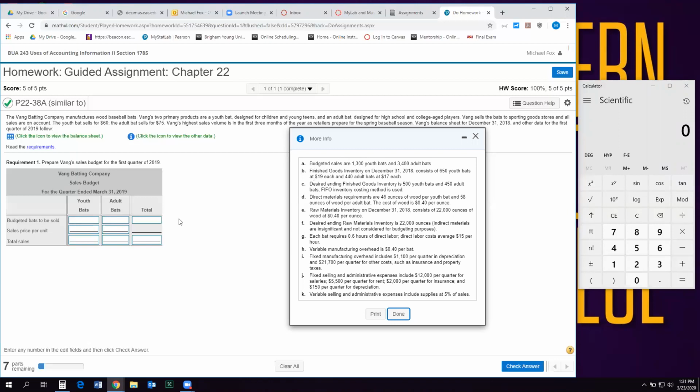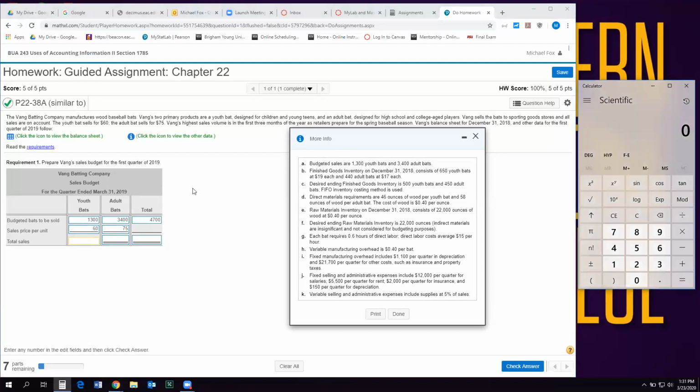So we think we're going to sell 1,300 youth bats and 3,400 adult bats. So that'll be 3,400 plus 1,300, which is 4,700. Our sales price per bat, it told us up here, was $60 for the youth bats and $75 for the adult bats.